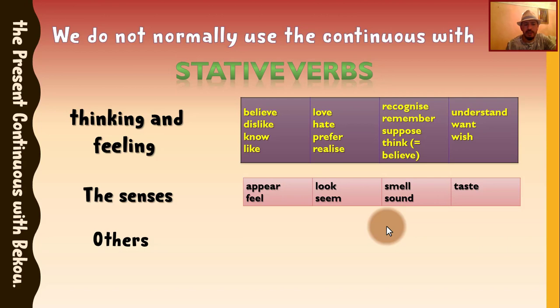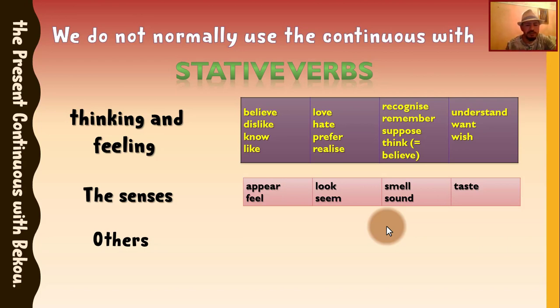So for example, if you taste some coffee and you want to say that it is good, so you say this coffee is tasting good. This is not correct, though we are speaking in the present moment. So you just say this coffee tastes good. So the verb taste, we don't put it in the present continuous if it means the sense.